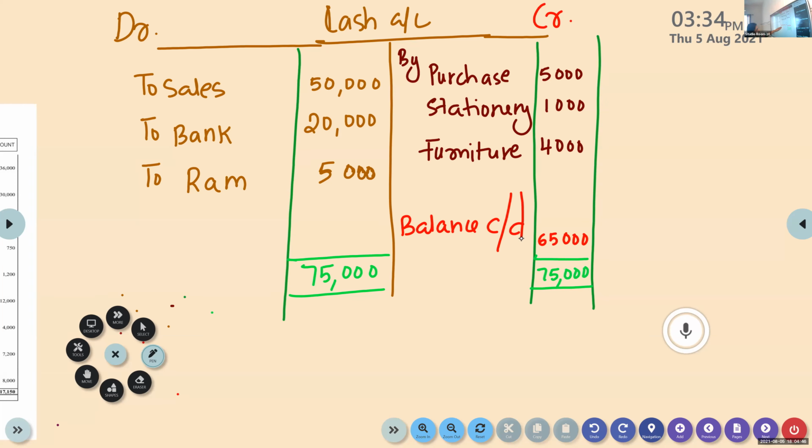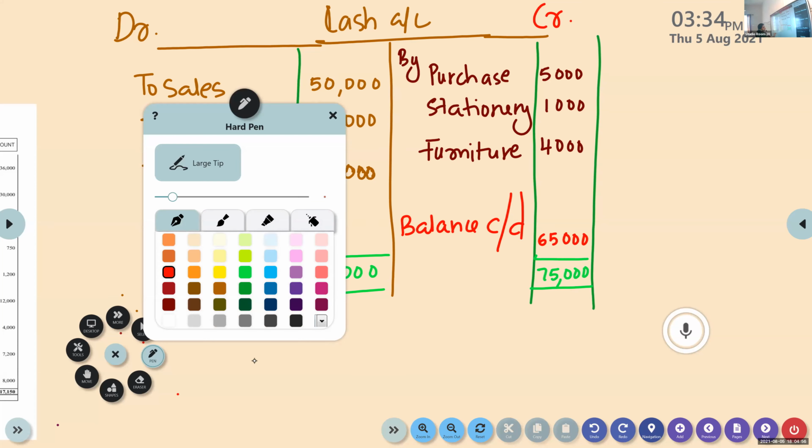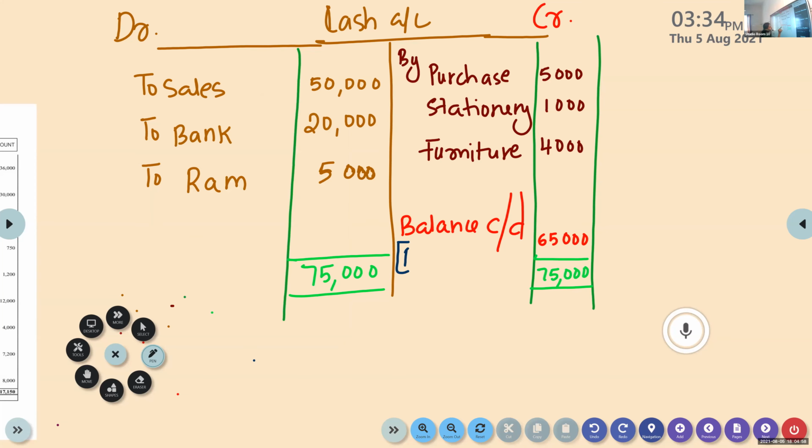We are carrying it to the next month. So what is this? Balance carried down, we can say that it is the balancing figure. This is how we balance an account.